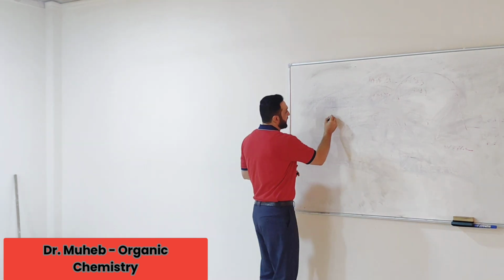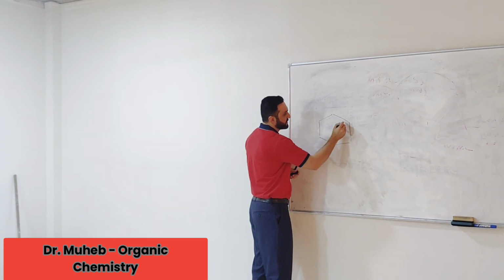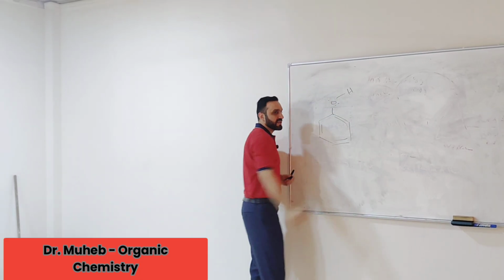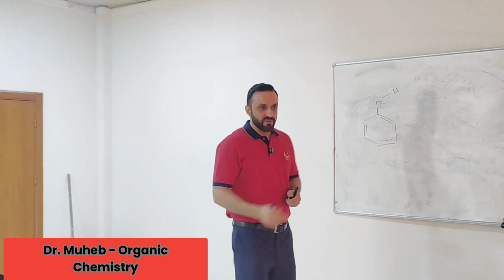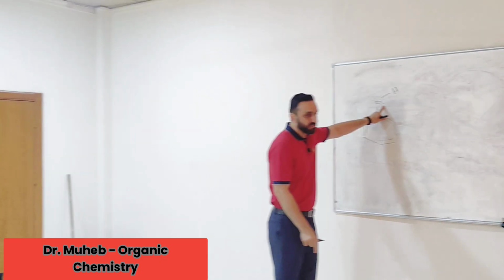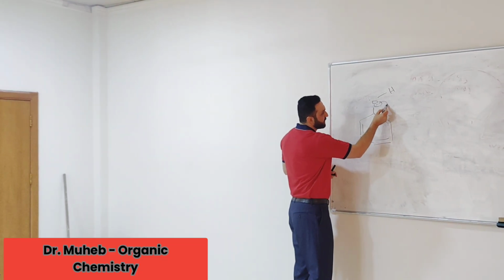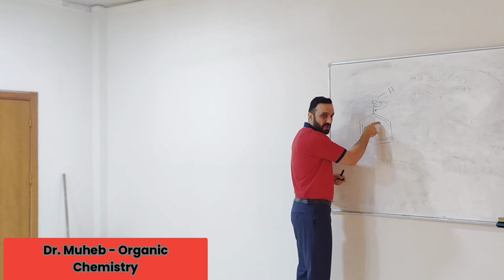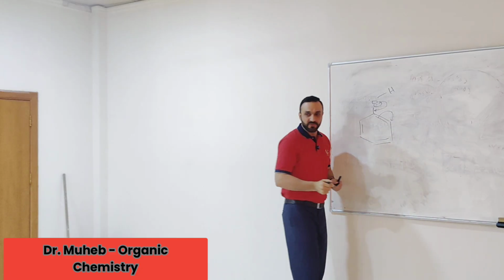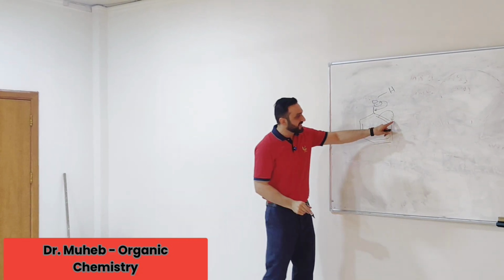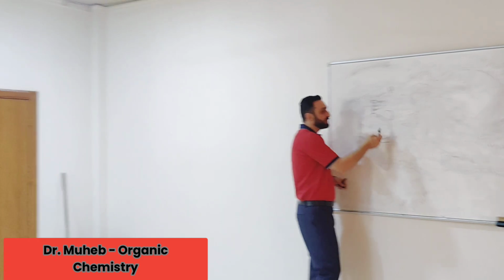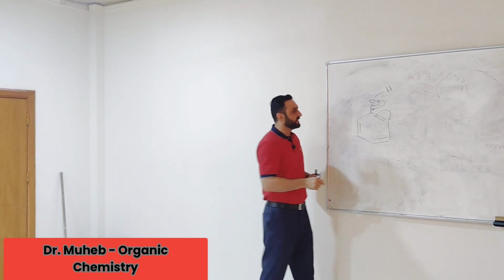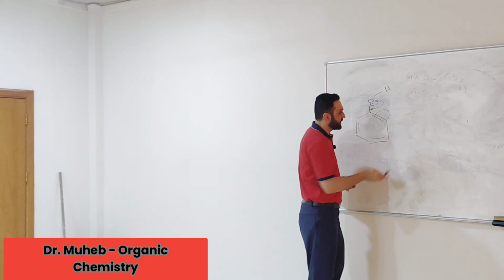So if you have phenol, the unshared electron pair on oxygen starts the resonance. It moves to make a pi bond between oxygen and carbon. The weak pi bond opens to this carbon, which gives a minus charge on the carbon, an anion, not a carbocation.